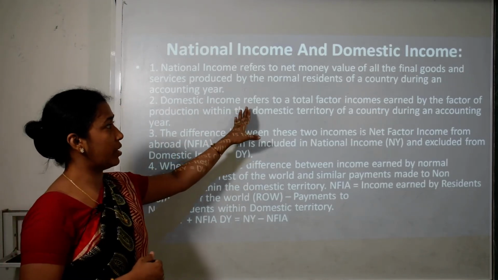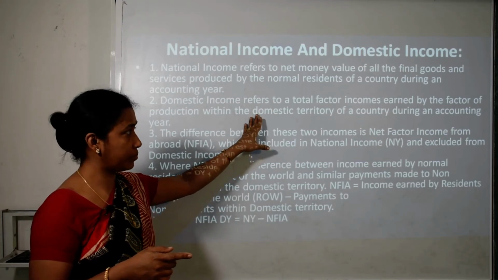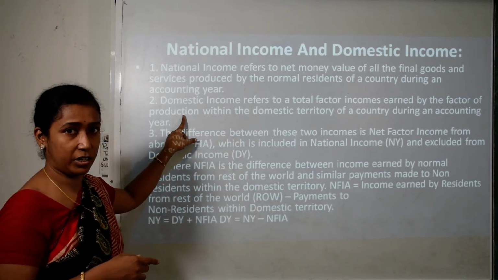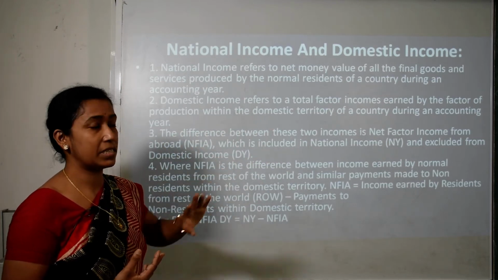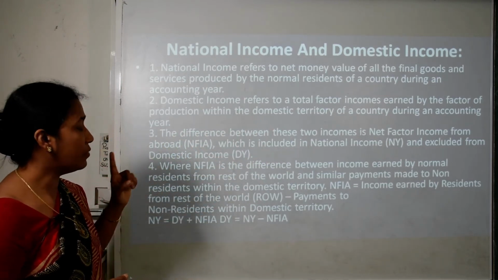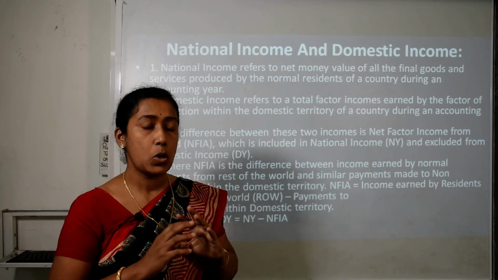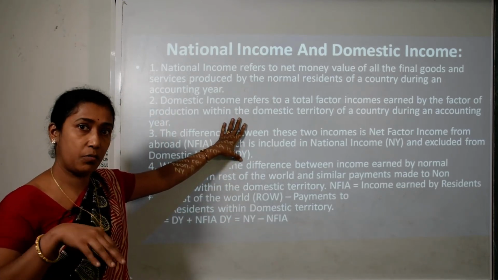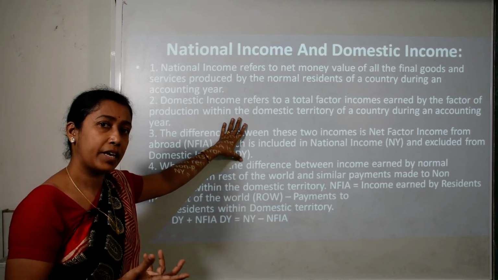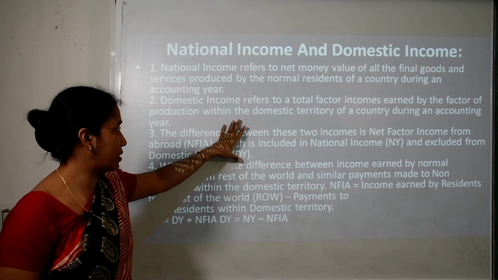Whereas domestic income refers to total factor incomes earned by the factors of production in terms of rent, wages, interest and profit within the domestic territory of a country during one financial accounting year. That means whatever total factor income is earned by all factors of production within the domestic borders of a nation is included in domestic income.